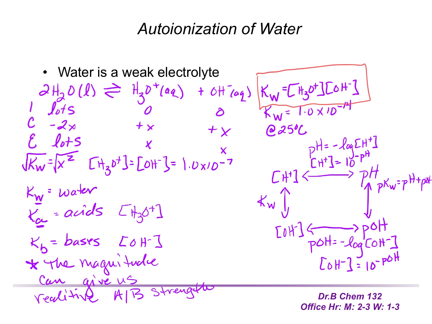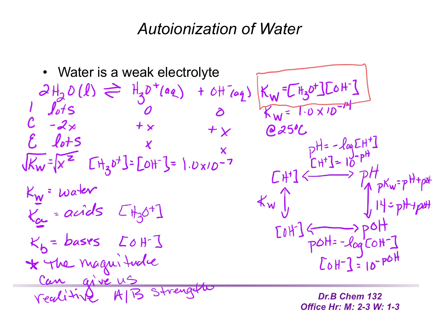So pH is minus the log of the H+, pOH is minus the log of OH-, pKw is minus the log of the Kw. That little p is just telling you that it's the log of that value. And so that equation actually can become 14 is equal to the pH plus the pOH.